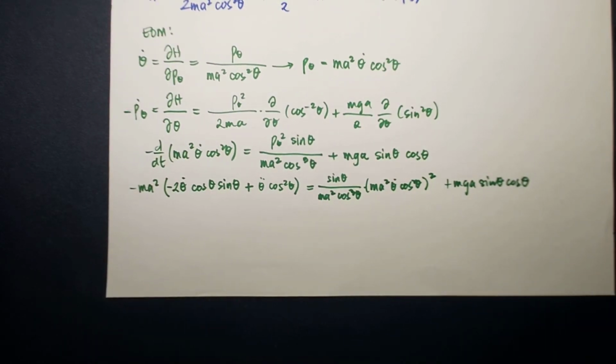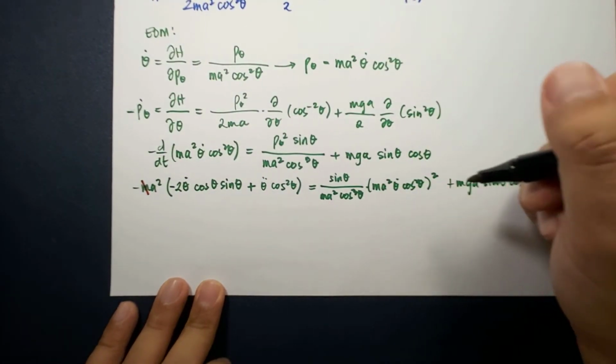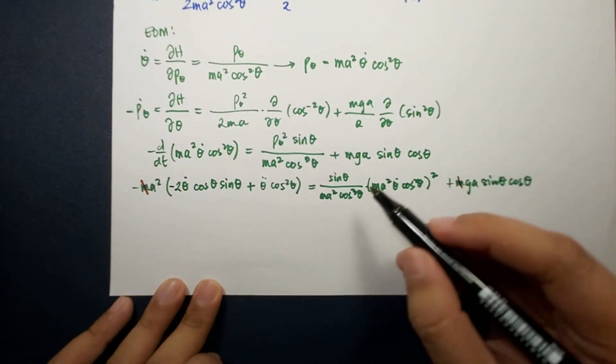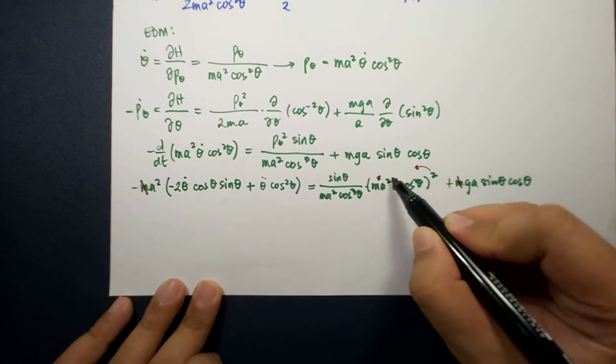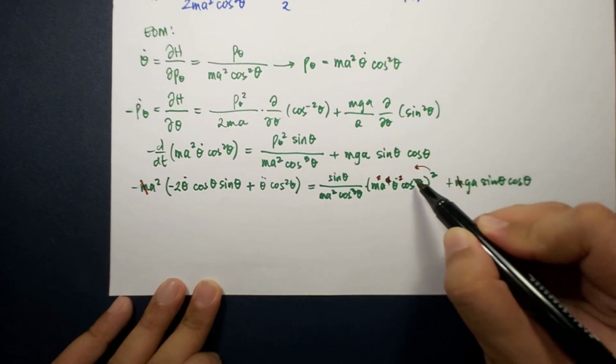Of course, we can cancel m. And remember, if we're going to distribute this, we now have m squared a to the fourth theta dot squared cosine to the fourth.